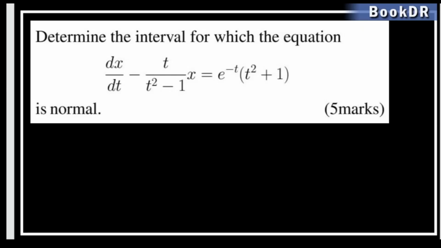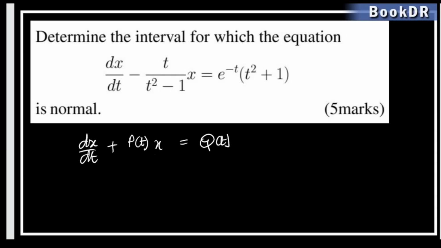This can be compared to the first order linear differential equation of the form dx/dt plus some function p of t multiplying x is equal to some function q of t standing alone on the other side.